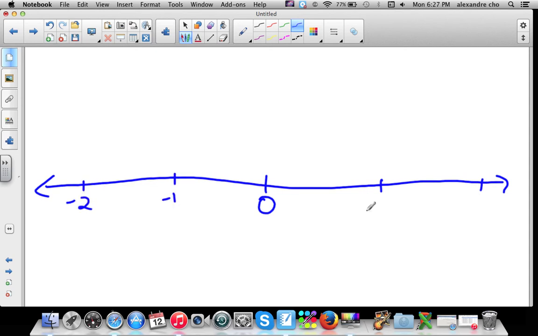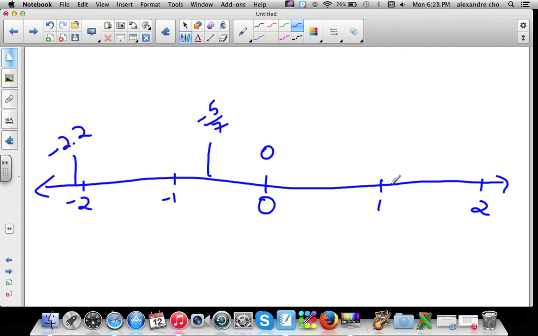Okay, so let's take 0. It's right here. Negative 2.2. Negative 5 over 7. Okay, that you have to divide, and that's 0.71. So if this is 0.71, would be about here. And let's call that negative 5 over 7.